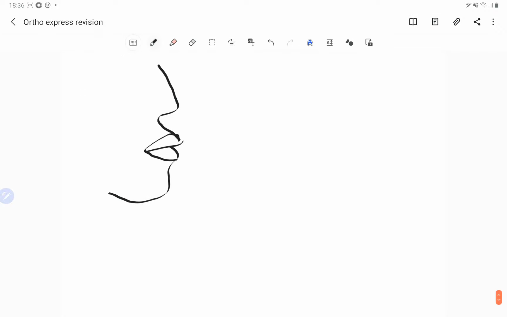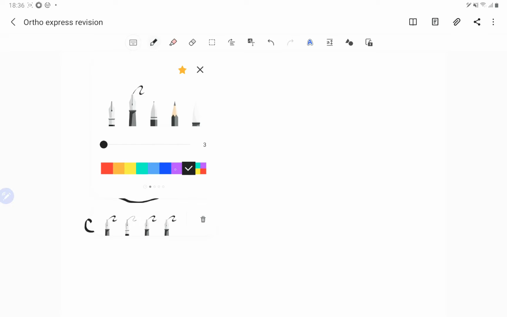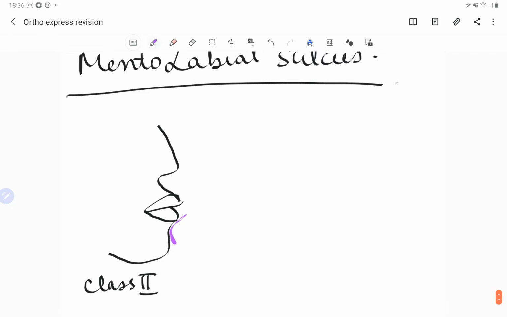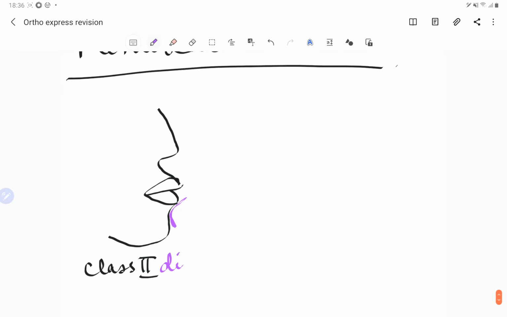This is how a class 2 profile looks like, right? In the class 2 profile, you will find that there is a deep mentolabial sulcus. There is a deep mentolabial sulcus which is present in a case of class 2 division 1. It is deep, but it is shallow for bimaxillary protrusion.